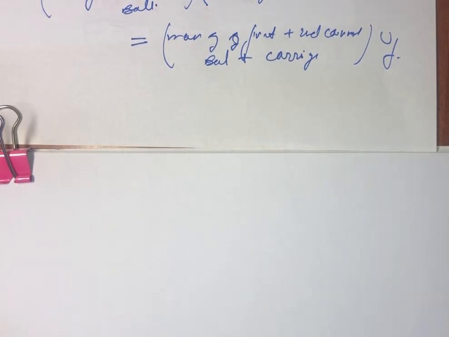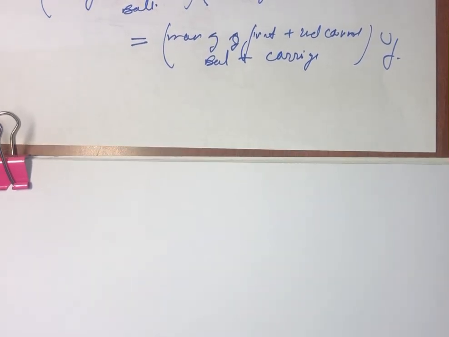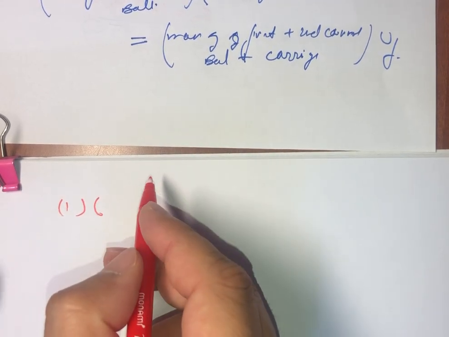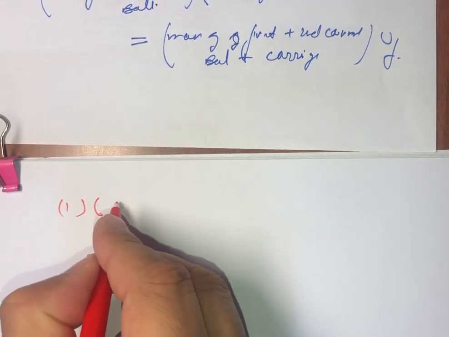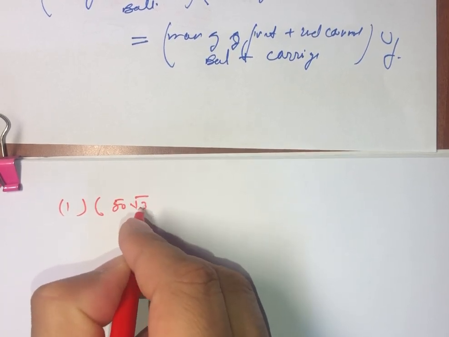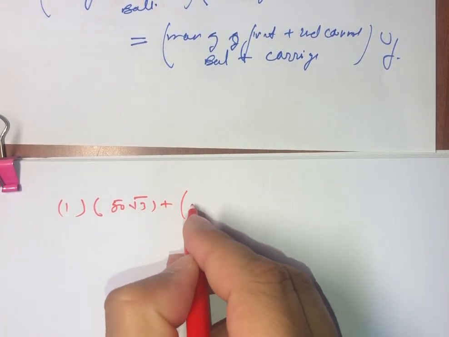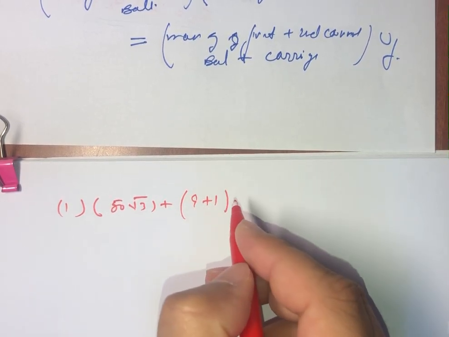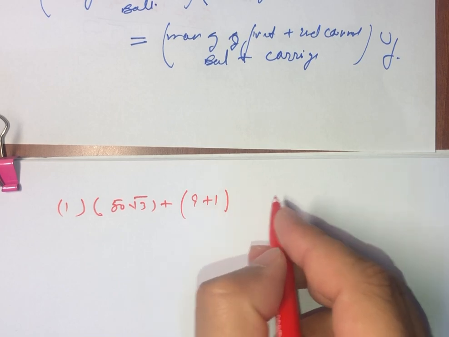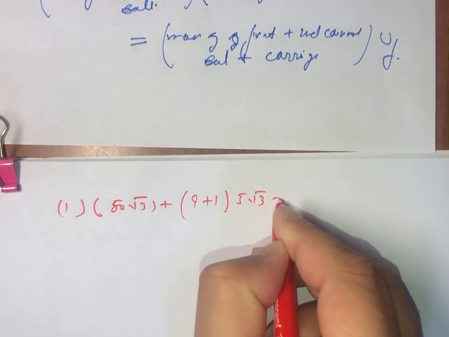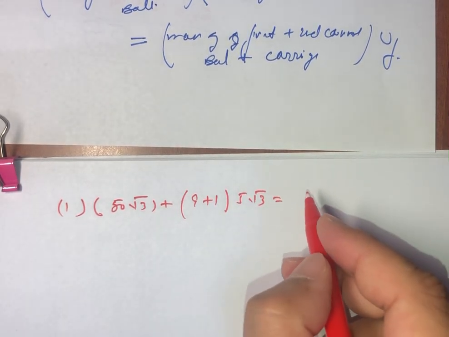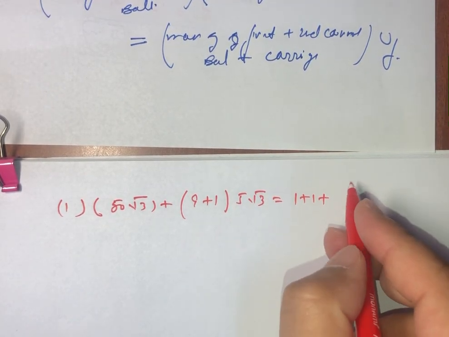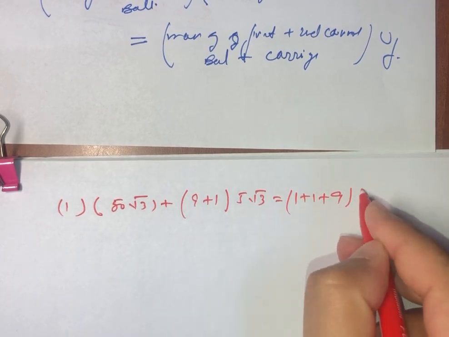Now we substitute the values. So mass of the ball is 1 kg and velocity is given as 50√3, plus 9 plus 1, 9 is for carriage, 1 kg is for ball, and velocity of the carriage, which we already found out, 5√3, and this will be equal to mass of the two balls, first as well as second, so this will be 1 plus 1 plus 9, multiplied by Vf.